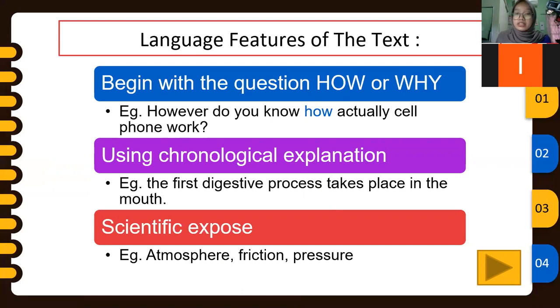The text applies chronological explanation or chronological connectors such as first, finally, second, then, after that, before. And the next is scientific expose. The example like atmosphere, friction, and pressure.